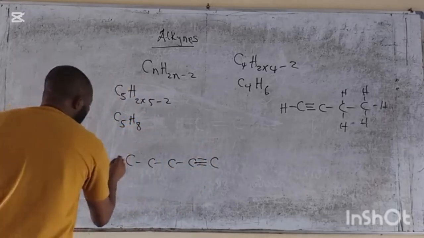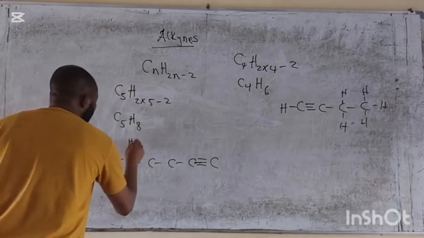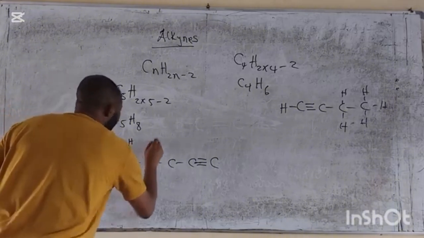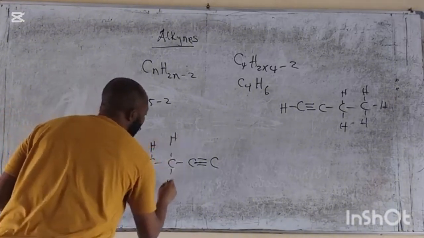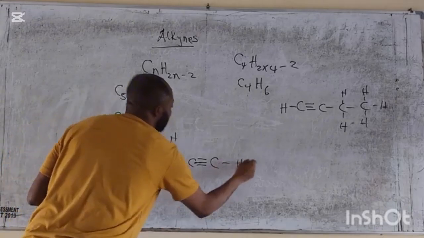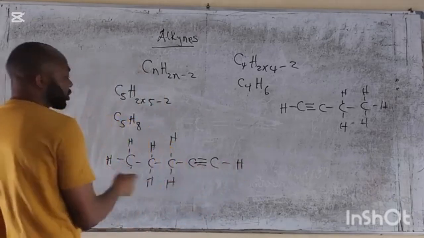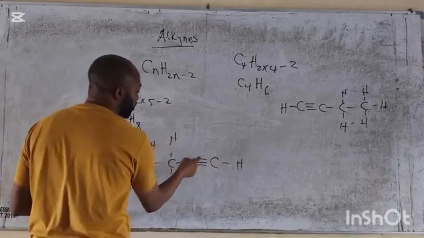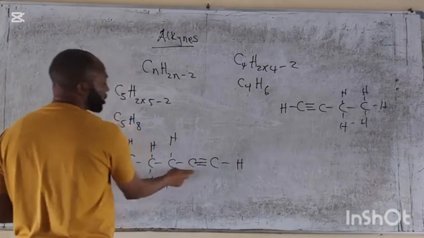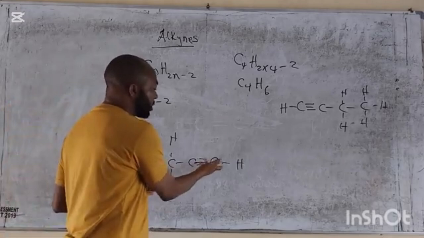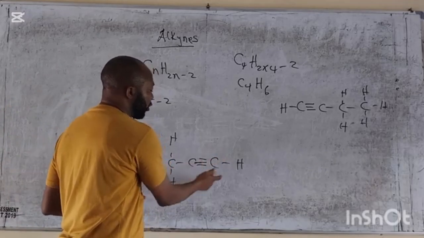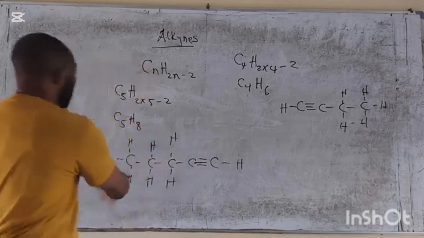The hydrogens, I have 1, 2, 3, 4, 5, 6, 7, and 8. Now, this is also 3 here. 1, 2, 3, 4. So this carbon is complete. It doesn't need any hydrogen. It is already tetravalent. This other one is 1, 2, 3, 4, and so all of them are.